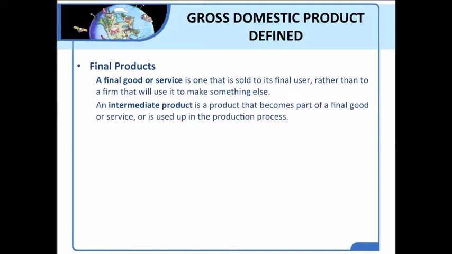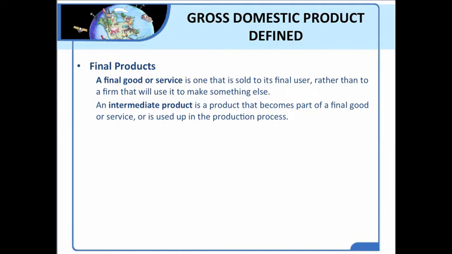But by contrast, an intermediate product becomes part of a final good or service. It's used up in the production process. It's not actually a final good. Examples of intermediate products include raw materials like lumber or semi-finished goods like the computer chip in your cell phone. Coal is an intermediate product that is burned in the production of electricity.